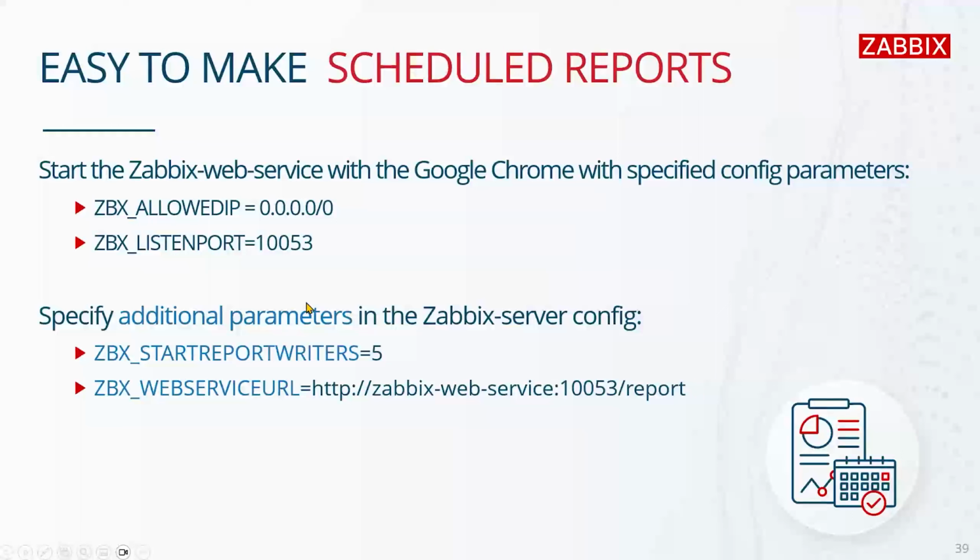So for Zabbix web service, allowed IP addresses and listen port. And for the Zabbix server configuration, we will have to start report writers. The number specified here will determine how many simultaneous reports can be generated. And we also have to specify the ZBX web service URL.